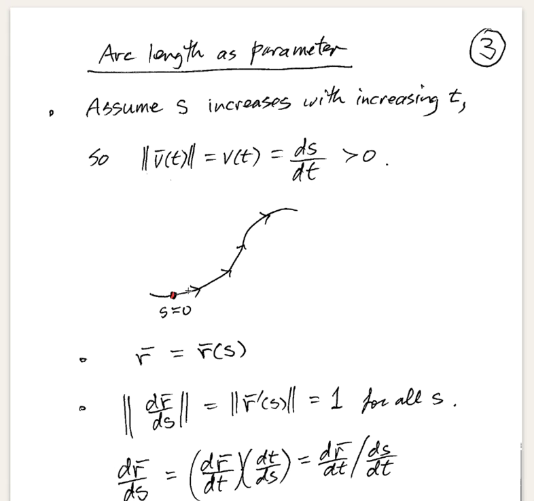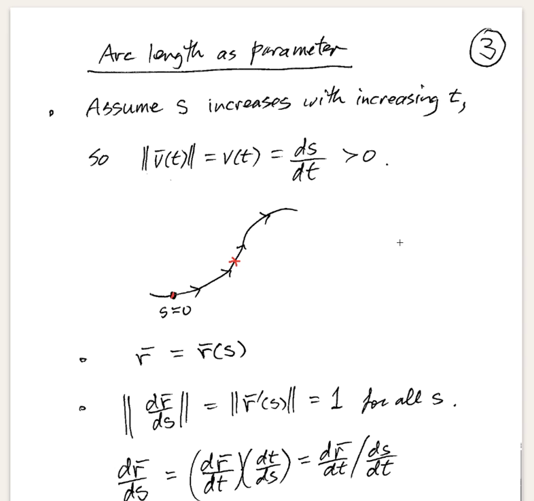Remember, s is reserved for arc length. And then what? I can imagine every point on the curve being associated with what? A particular value of s, right? That would be the distance along the curve you would have to travel to go from the initial point to the final point here that I've x'd here. And that's a value of s.